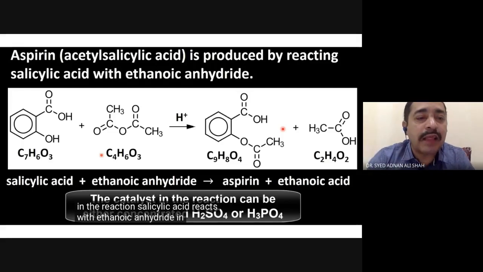That's why salicylic acid has higher melting point as compared to aspirin, which has 130 to 138 degrees Celsius. The answer is the hydrogen bonding interaction between the salicylic acid molecules as compared to aspirin. Got the answer?